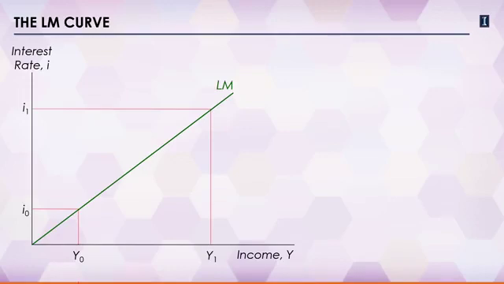Notice that, as I said before, the LM curve goes through the origin. If income is zero, you don't need any money for transactions, so practically speaking, the interest rate that you're willing to pay for money is zero.